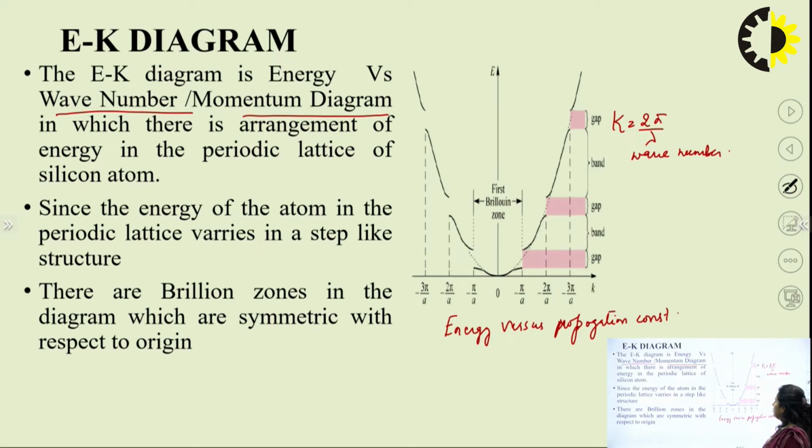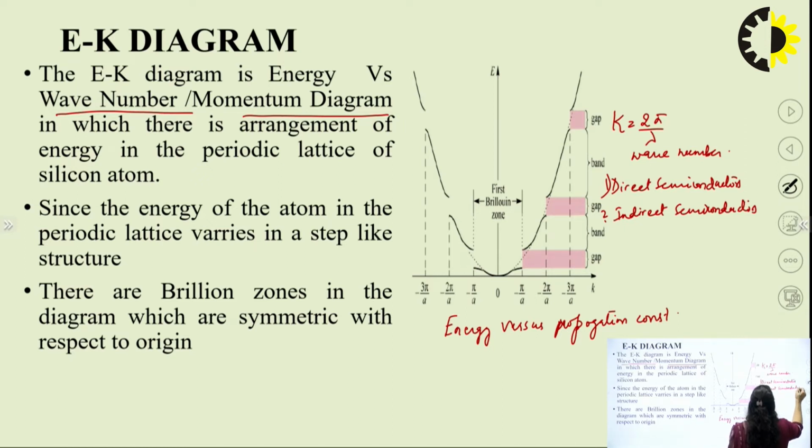the silicon atom. We have first discussed the different types of semiconductors. There are two types: direct semiconductors and indirect semiconductors.